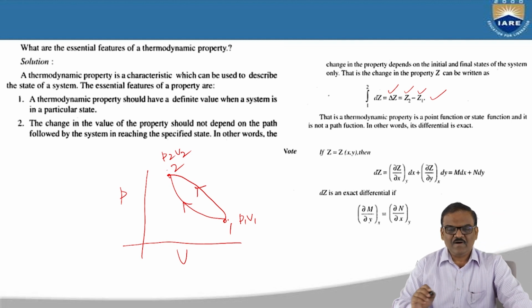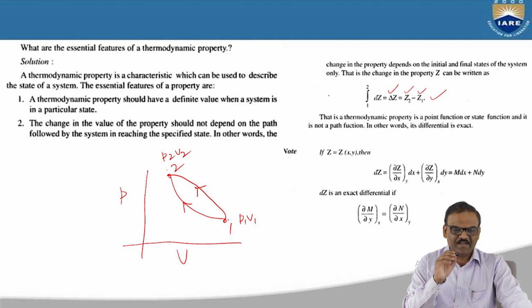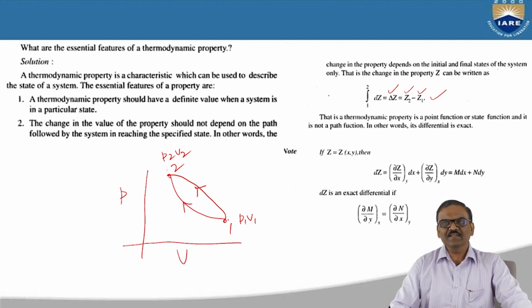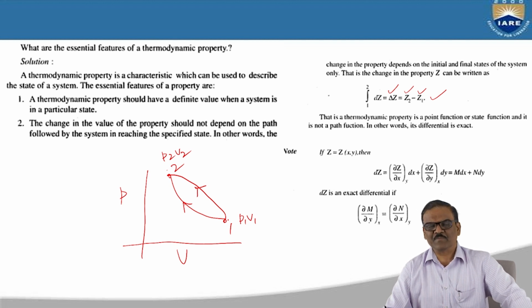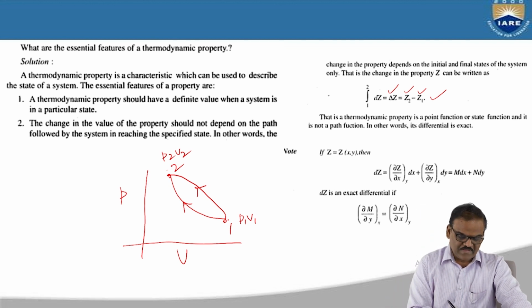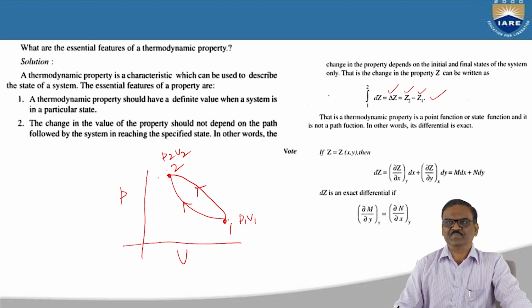So we call it that the property is not dependent on the path it follows, but on the state at which it exists. Then mathematically we define a thermodynamic property as a point function. This is a thermodynamic point here, and here also, a point function.